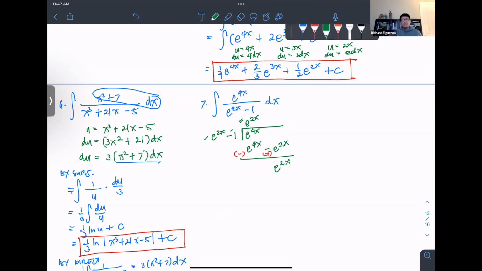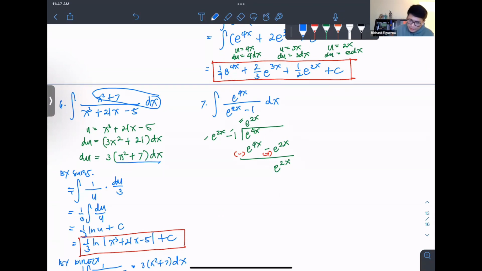Although e raised to 2x is still divisible by e raised to 2x, which is 1. However, if we want to use the natural logarithm, once we derive the denominator, e raised to 2x, we should have an e raised to 2x at the numerator. So we can only do that if we stop here.